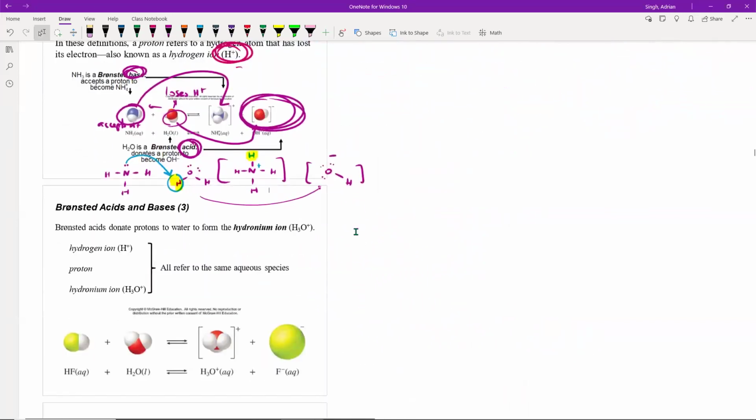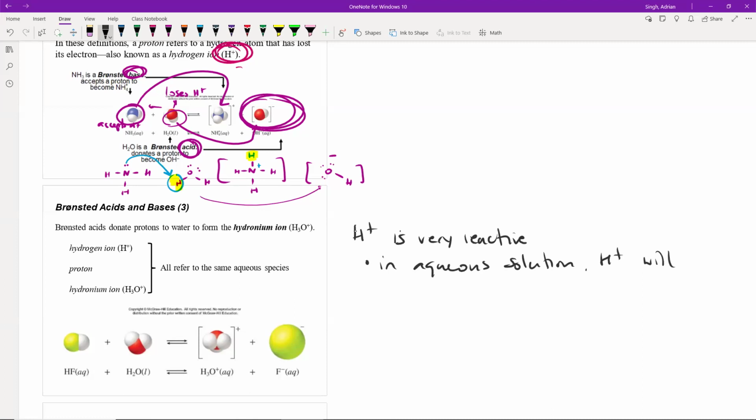Now, the H plus ion in solution is very reactive. It's so reactive in aqueous solution that H plus will combine with water to make H3O plus, and this is known as the hydronium ion.